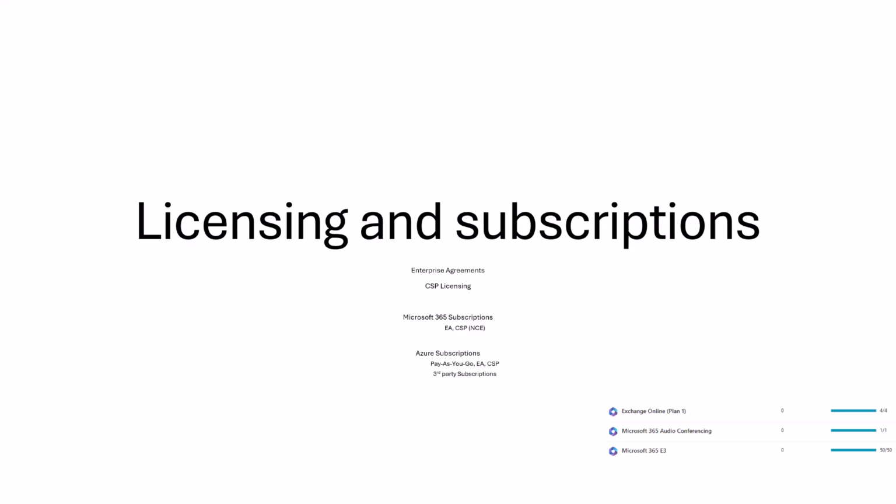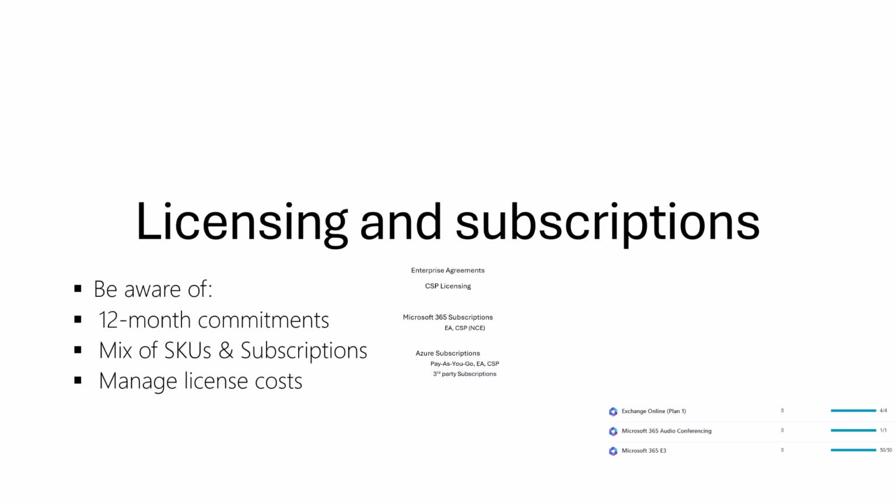Licensing and subscriptions. Basically, you need to be aware of if we have any licensing still in the old environment, and especially be aware of if you have 12-month commitments on some of the SKUs, or depending on the mix of SKUs and subscriptions.